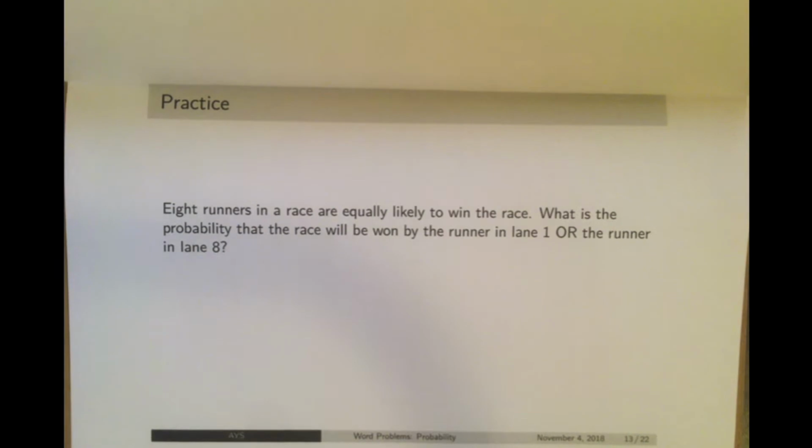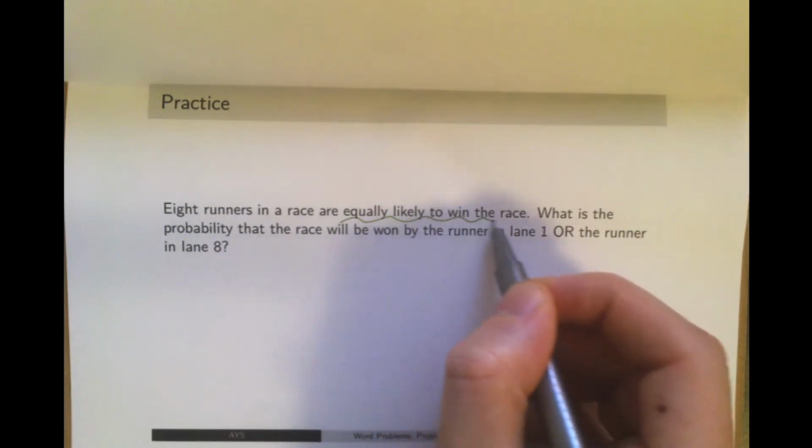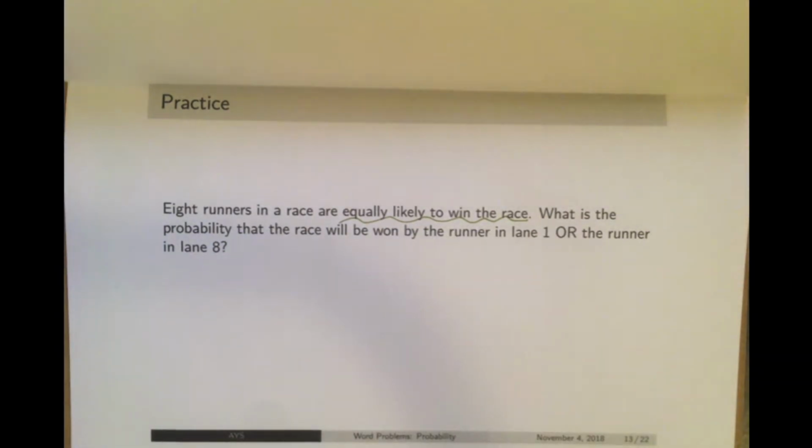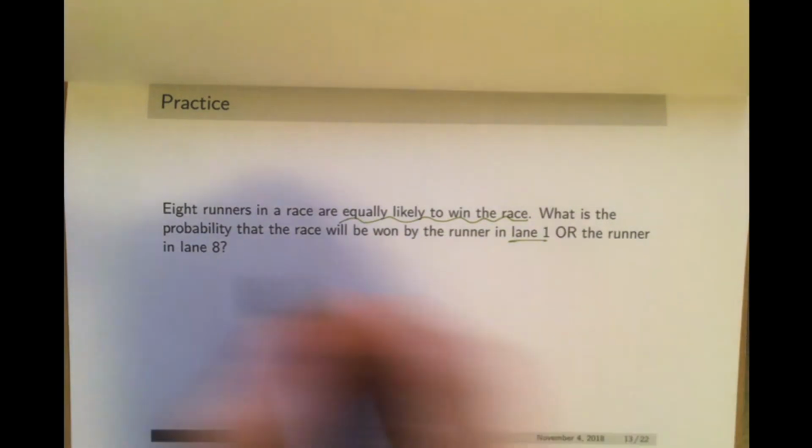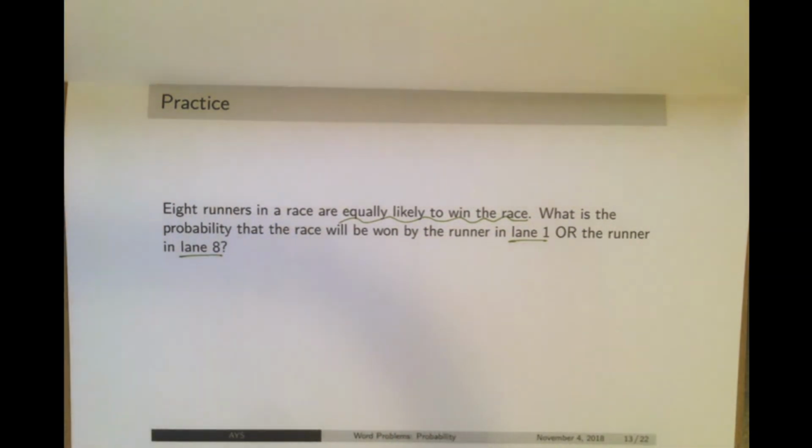Okay, 8 runners in a race are equally likely to win the race. That's important to know. What is the probability that the race will be won by the runner in lane 1 or in lane 8? Go ahead and take a second to try to solve this one. Okay, hope this wasn't too bad.